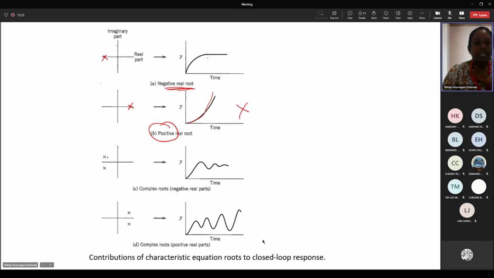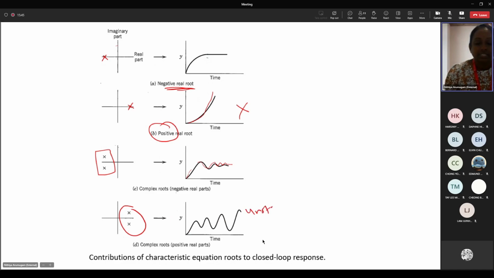So looking at these two positions, both have complex roots and negative real roots. As time goes on, the fluctuation is reducing. So we call that stable. And looking into positive real parts, we call that unstable.